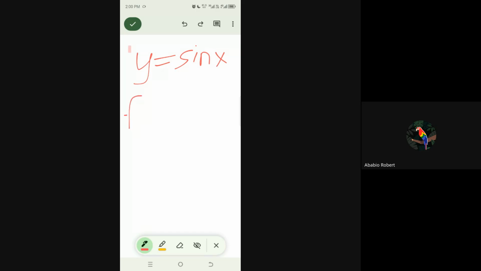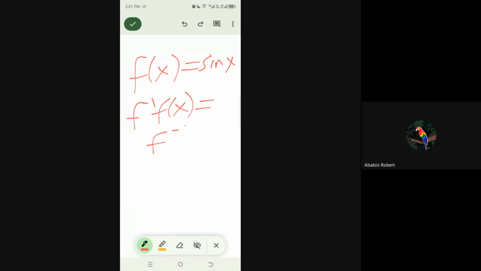You find f inverse of both sides. So if you find the inverse of both sides, you are going to get x is equal to f inverse of this.